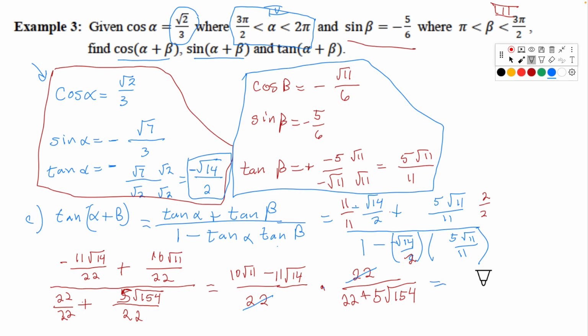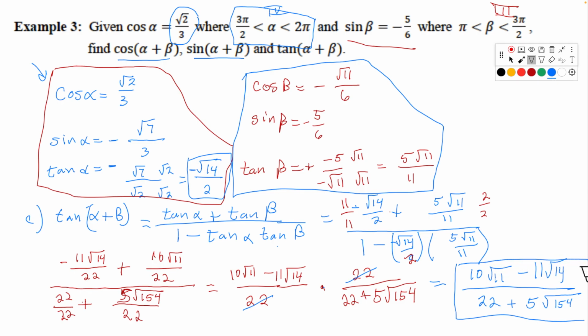And so we get this really funky answer, 10 square root of 11 minus 11 square root of 14 all over 22 plus 5 square root of 154. That is an exact answer.